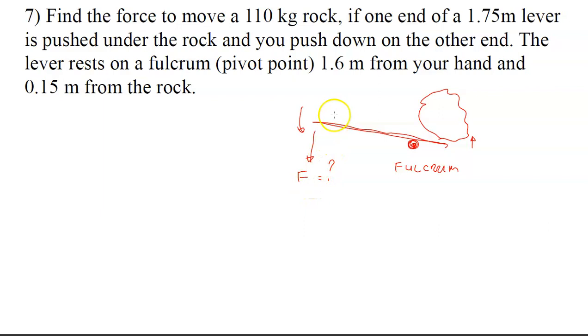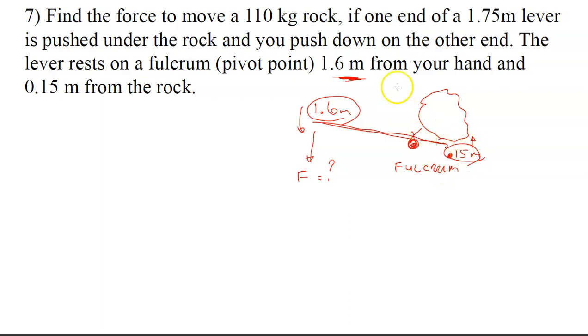It says that from my hand to the fulcrum is 1.6 meters. Here's my pivot point. And all the way to force 1 is 1.6 meters, so that's my distance on that side. I've got 0.15, a little bit less than a tenth, would be the distance from the pivot point, the fulcrum, to the rock. 0.15 meters right there.